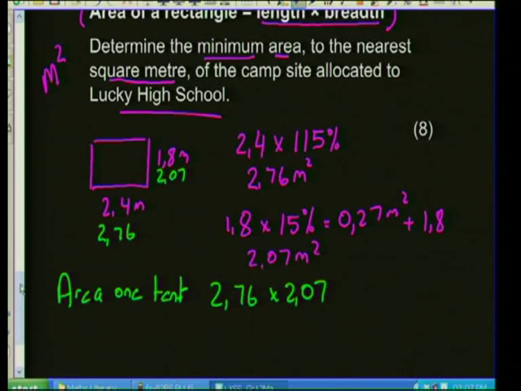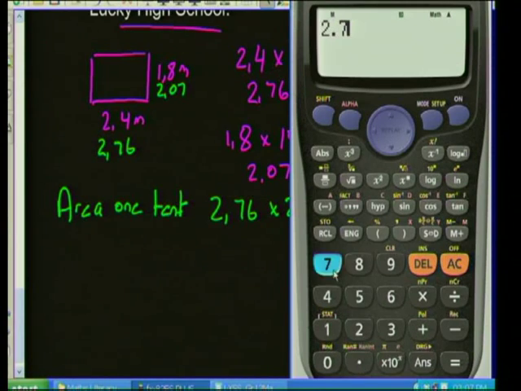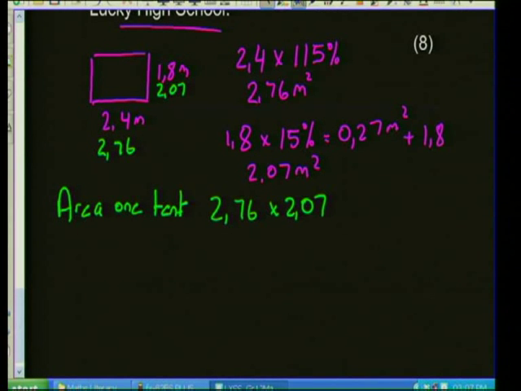Now I've left out my units at this point, but don't forget to add your units at the very end. Let's get our calculator out, and 2.76 times 2.07, and we see that's 5.7132 meters squared. That's what we need for 1 tent.